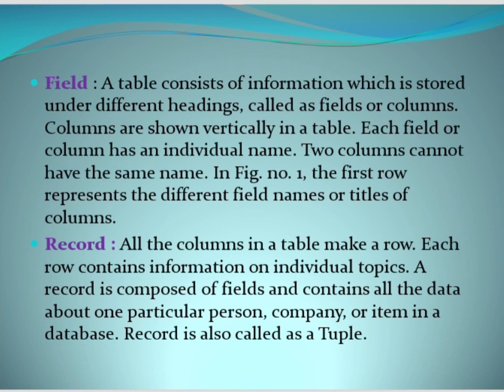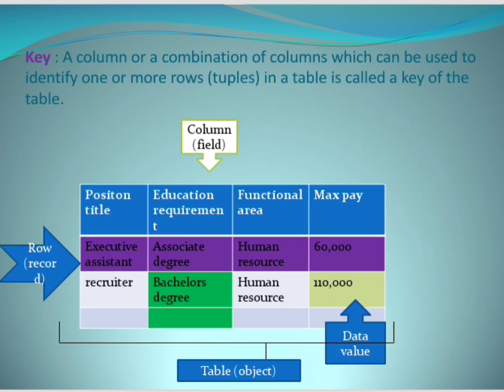So the answer is fields or columns. Columns are shown vertically in a table. Each field or column has an individual name that the user has to give, and two columns cannot have the same name. In figure number 1, the first row represents the different fields.